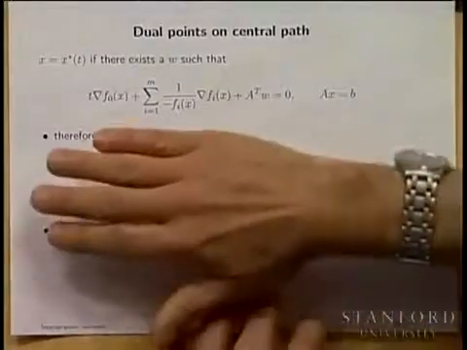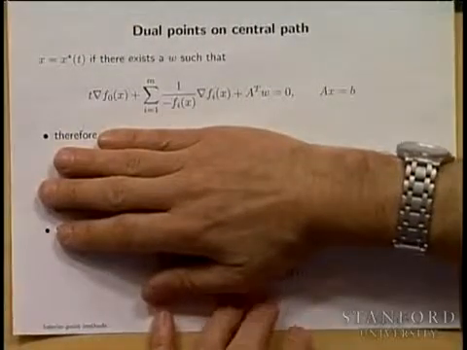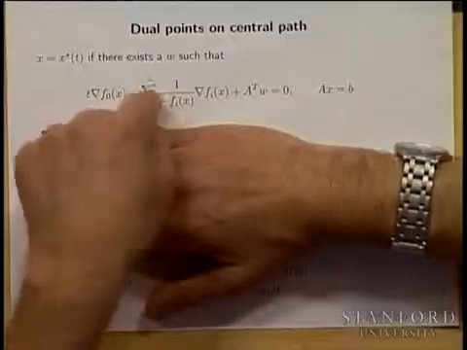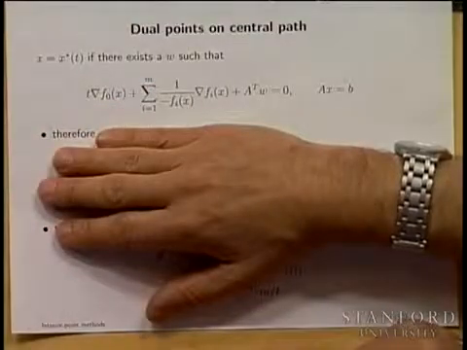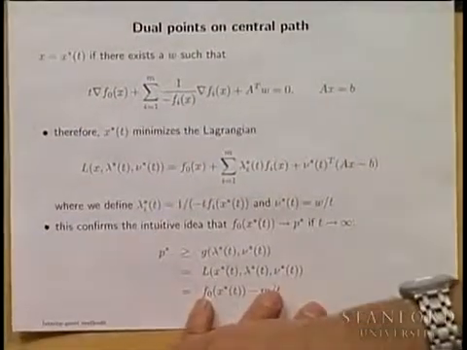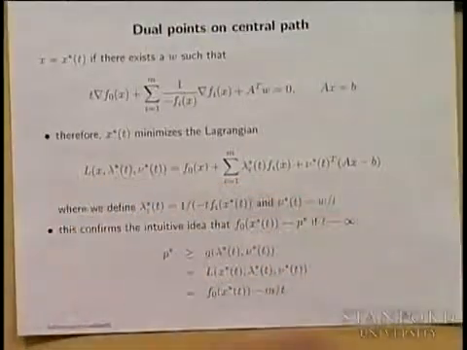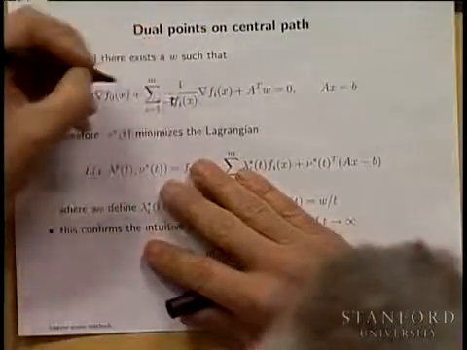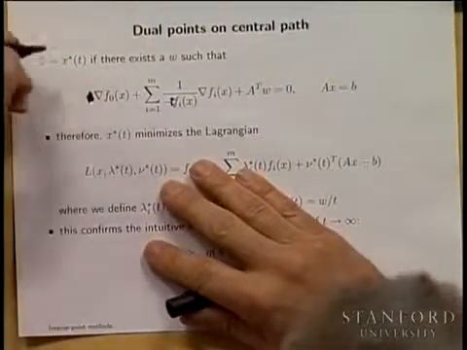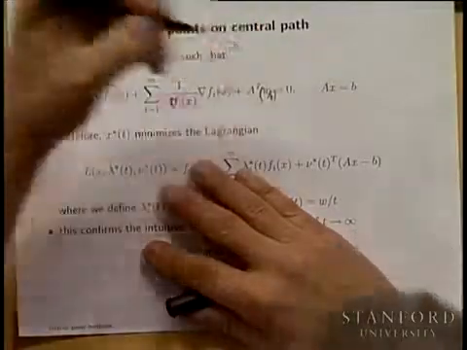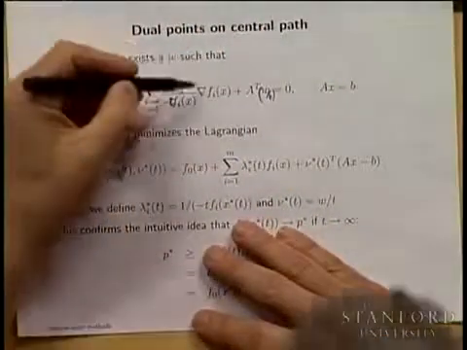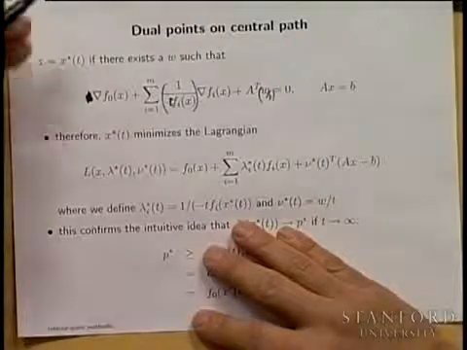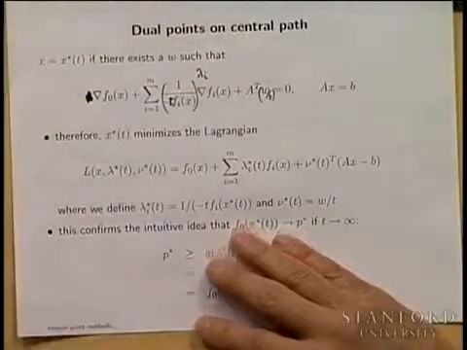Now, if you stare at this long enough, you'll realize you've seen stuff like this before. We can take this thing and divide by t. That's the first thing we'll do. Then you stare at this long enough and you realize these are just positive numbers, so I'm going to call those lambda i.